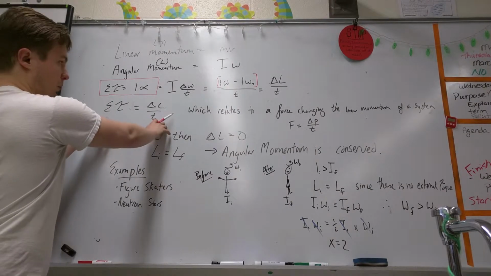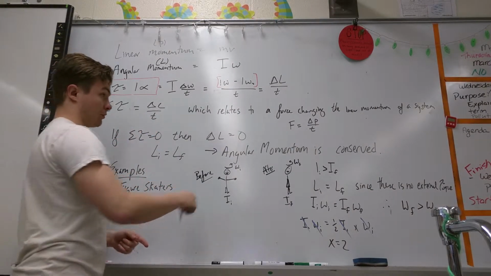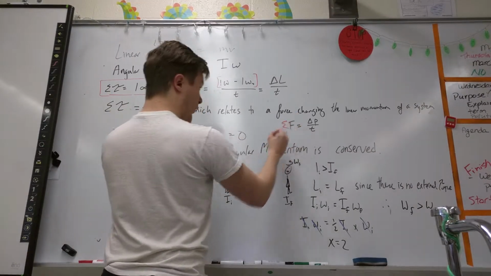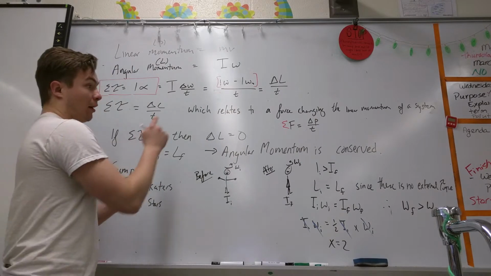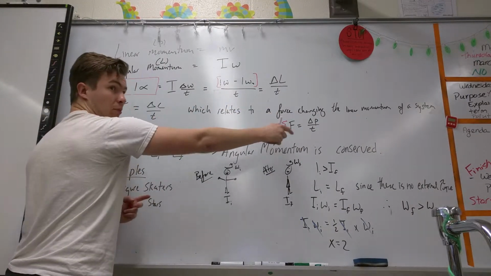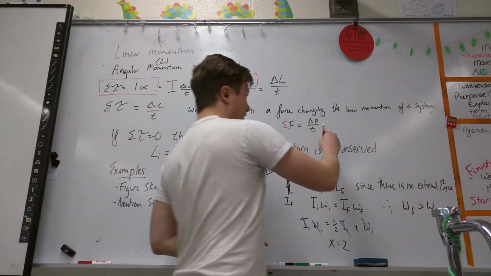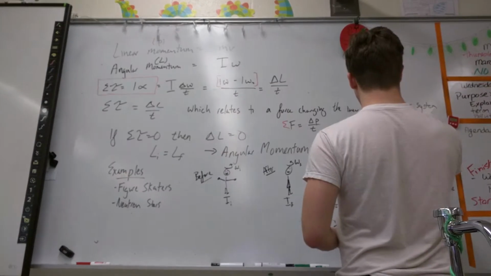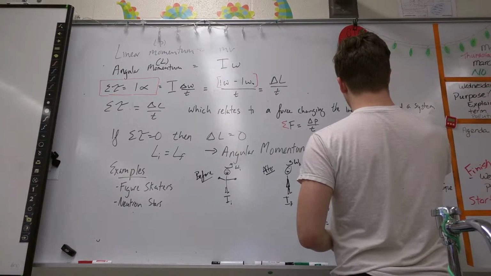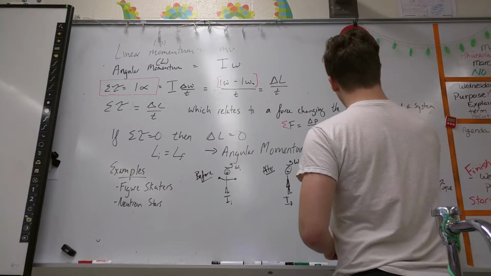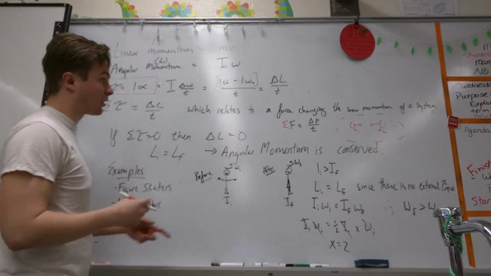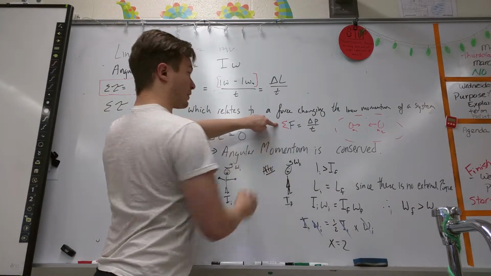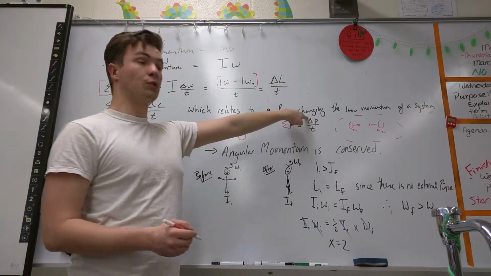And this looks very similar to the impulse equation. Remember, the sum of all the forces acting is equal to the change in momentum over time. Then we said, if we define the system correctly, say two masses, m1 and m2, are heading towards each other, and we call the system both of those things together, there's no external force, so there's no change in momentum.